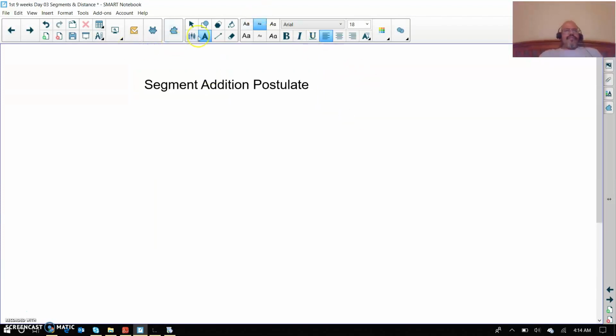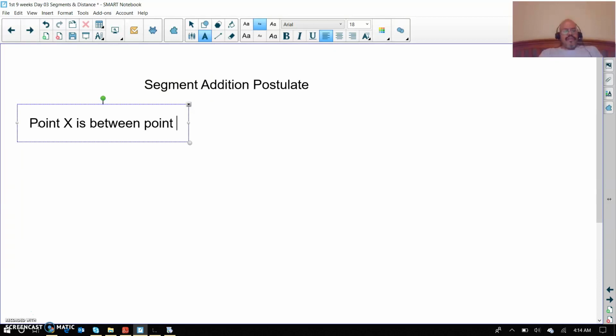When you look at a line, we're going to present you with a line, and it's going to say something like: point X is between point A and point B. Just like that, or almost like that.